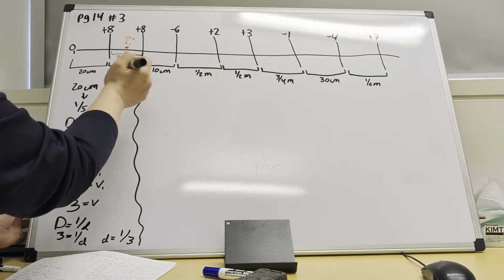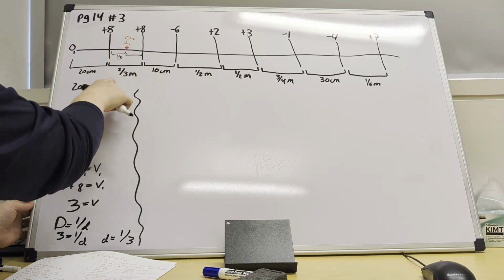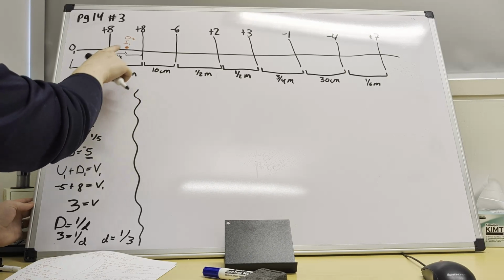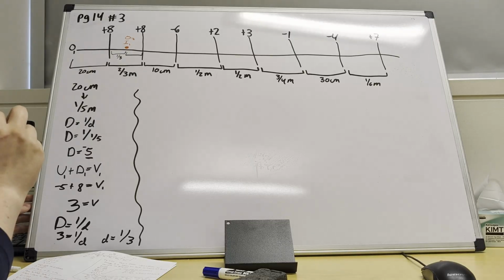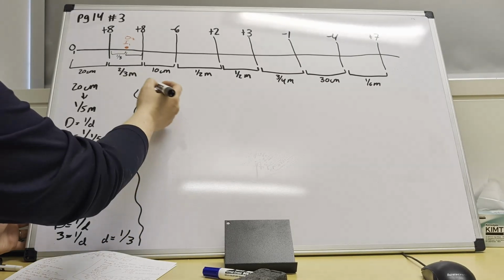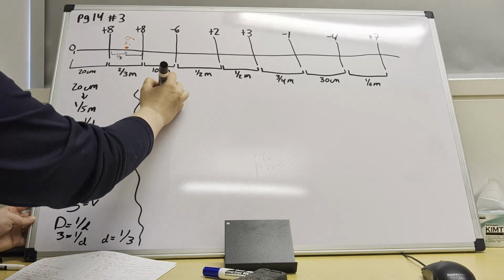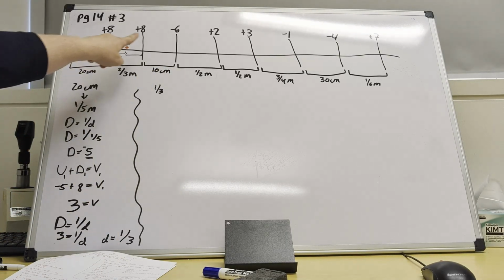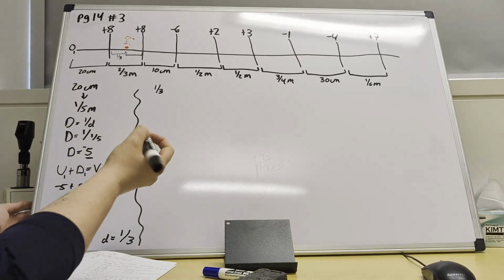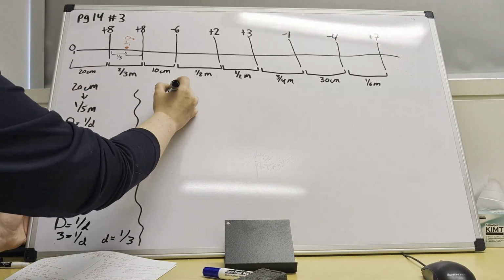Now we're trying to find the distance from here to here. The whole thing is 2/3. From the lens to where our object is was 1/3. So the remainder of this is going to be 1/3. So 1/3 of a meter. It is in front of this +8 lens, so it's still going to be negative. This is 1/3 of a meter.